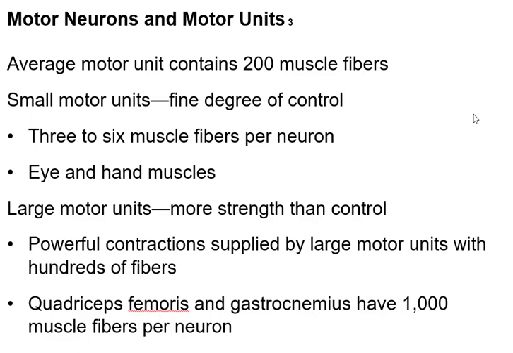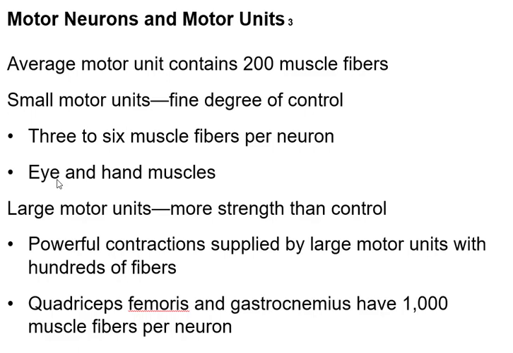You've probably heard about fine motor control and gross or coarse motor control. So you have these muscle cells, and it says on average there are about 200 muscle cells. If you have a small bunch of motor units, then you're going to have a fine degree of control.